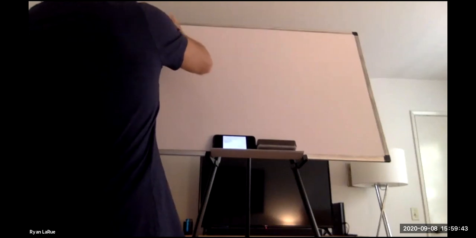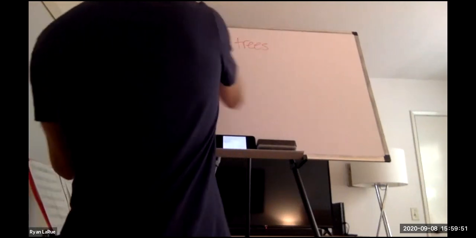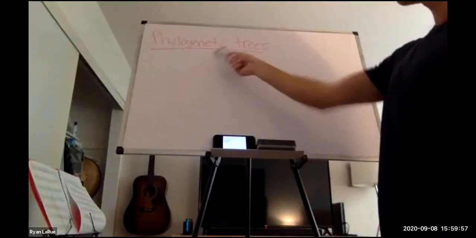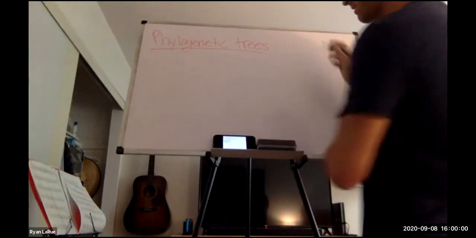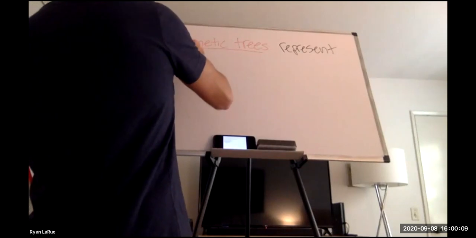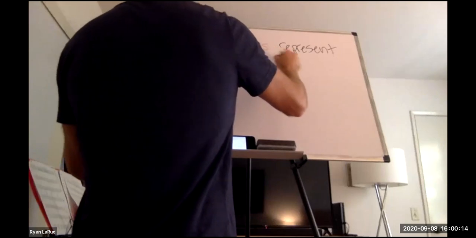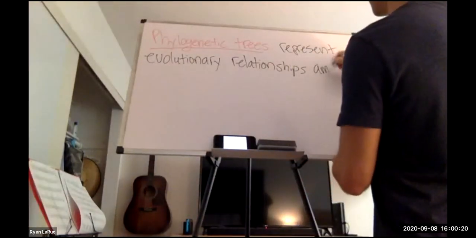I hesitate to use the red, but I'll say what I write here. Phylogenetic trees. I'll use the black now. Phylogenetic trees, what are they? They represent evolutionary relationships among groups of organisms.